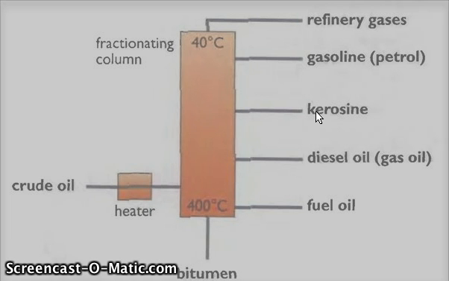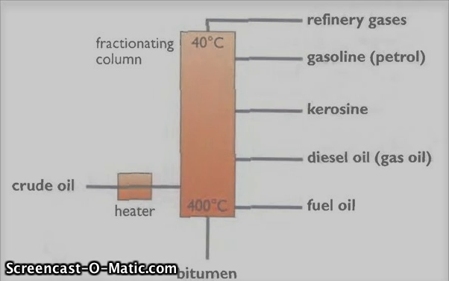After the vapor rises through the trays in the column and cools, it will condense to form a liquid when the substance has reached its boiling point, equal to the temperature of the column. Like I said before, the substance with the lowest boiling point will condense at a higher point in the column, and the substances with higher boiling points will condense lower in the column.